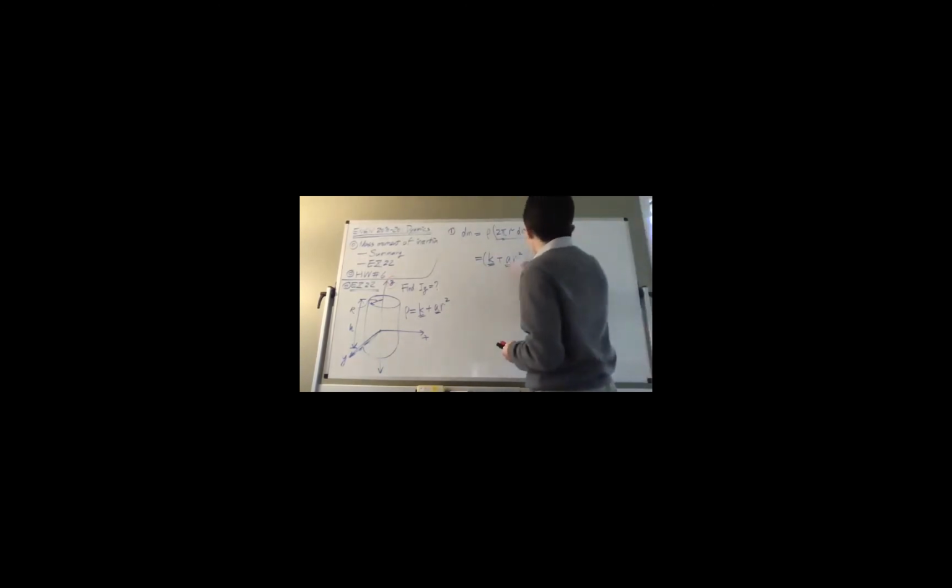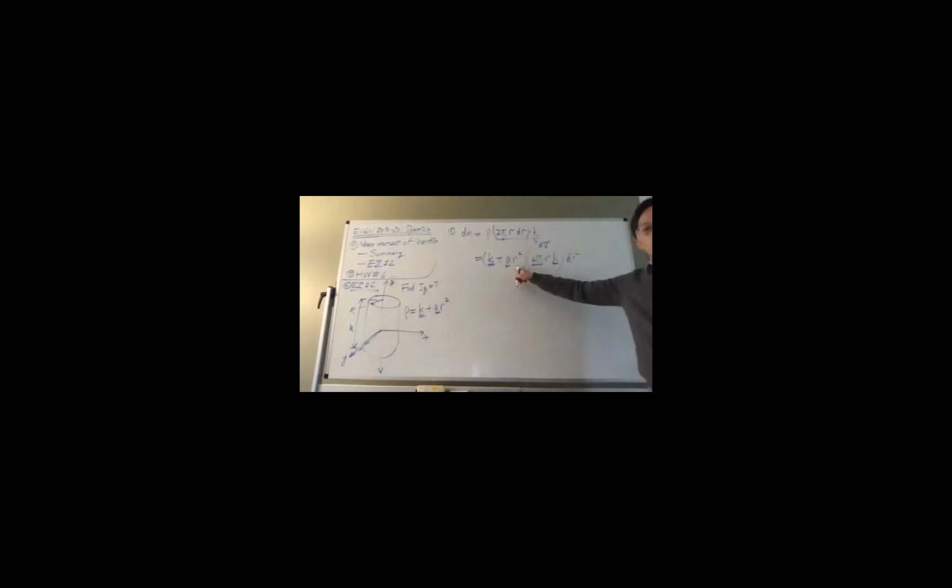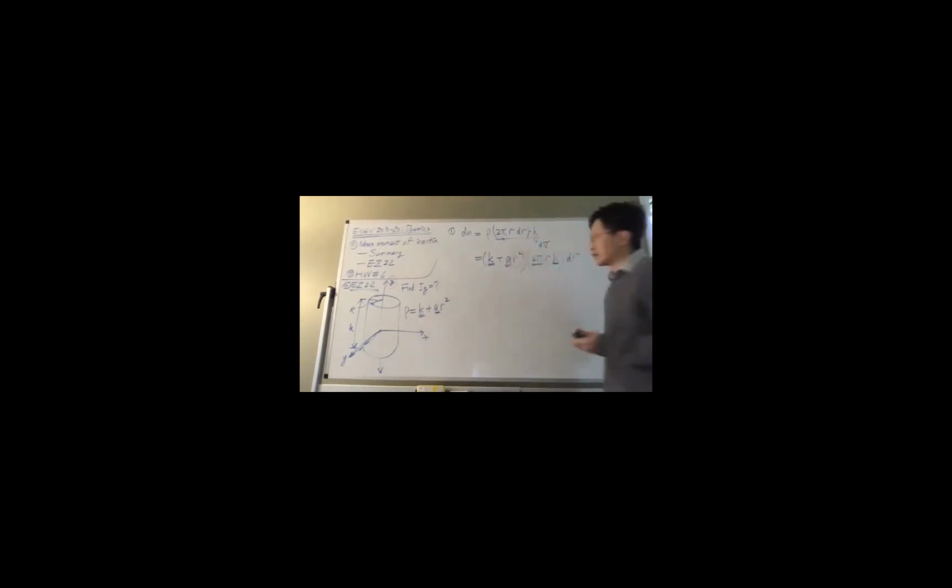So you only have to focus on r. Everything else, they don't bother you. They are just constant. So we just have to figure out the terms depending on r, because the integral will be based on dr.